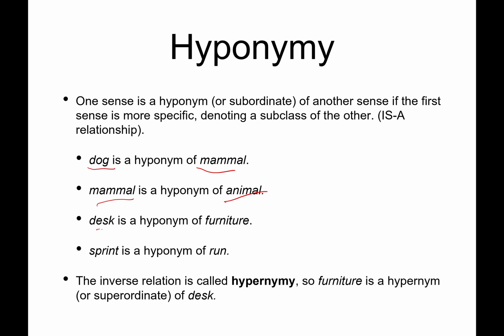In the same way, we can say that desk is a hyponym of furniture and sprint is a hyponym of run. So this is going in this direction. If you take the other direction, you're talking about hypernymy. So mammal is a hypernym of dog, and animal is a hypernym of mammal, right? Basically we have is-a relationships, and if you have is-a relationships, then you can put them in a hierarchy.